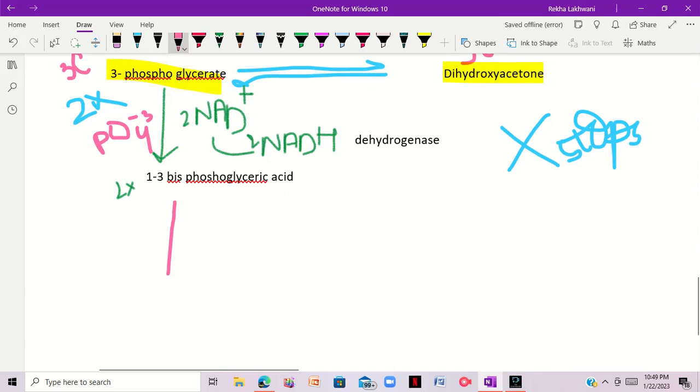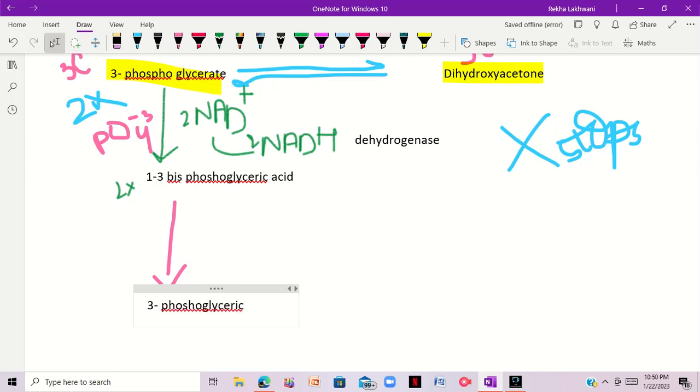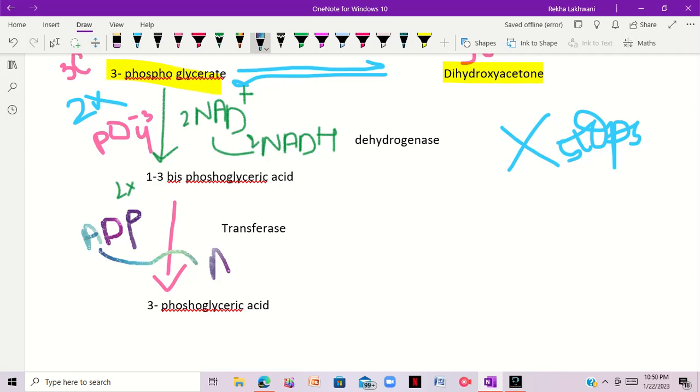This 1,3-bisphosphoglyceric acid is converted into 3-phosphoglyceric acid, and here the enzyme utilized is known as transferase, and here one phosphate is lost, so here ADP is converted into ATP.